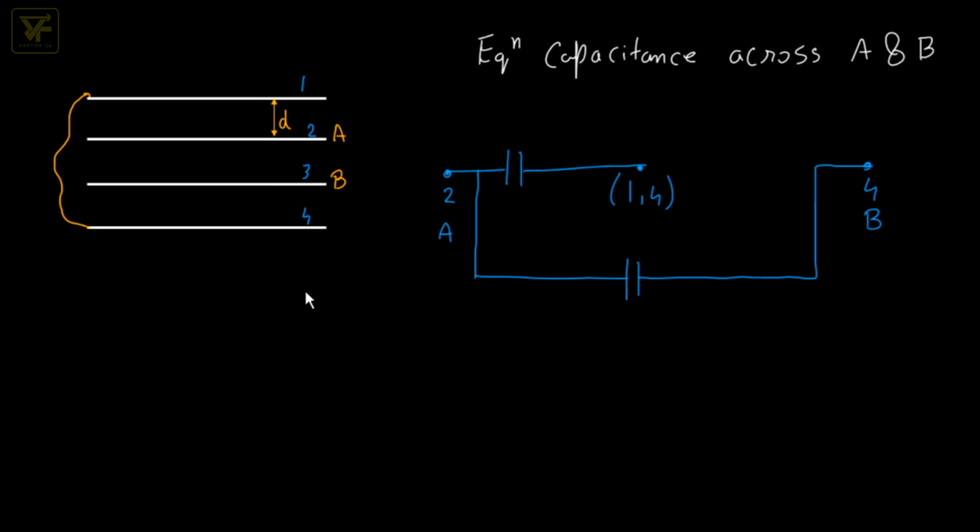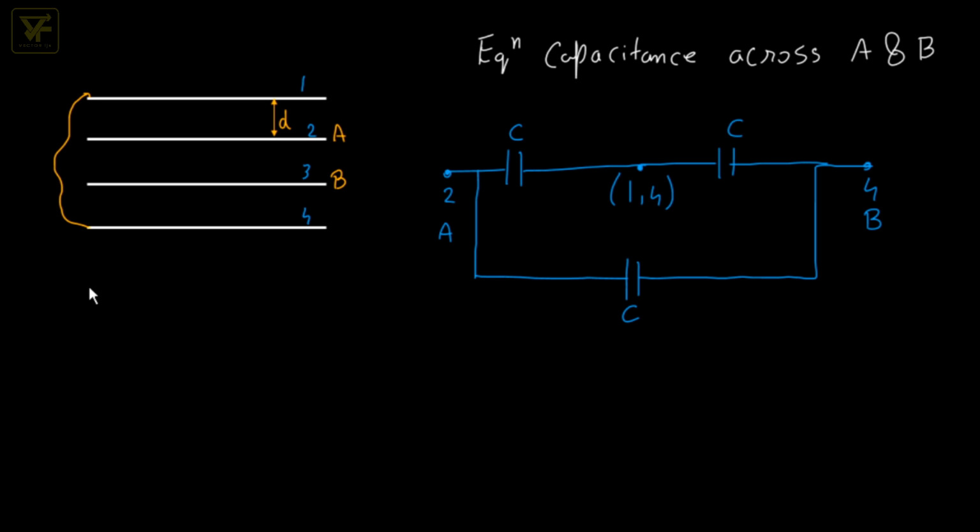Also 3 and 4 have one capacitor. So this way we have 3 capacitors, one between 1 and 2, 2 and 3, and 3 and 4. And 1 and 4 are same potential points. Let me say this is C, this is C and this is also C.